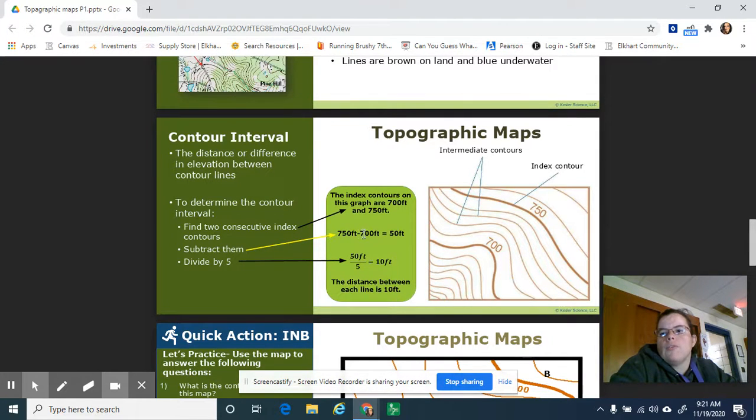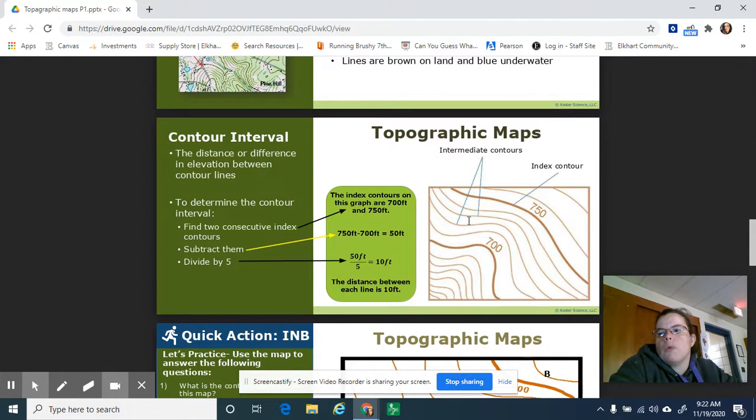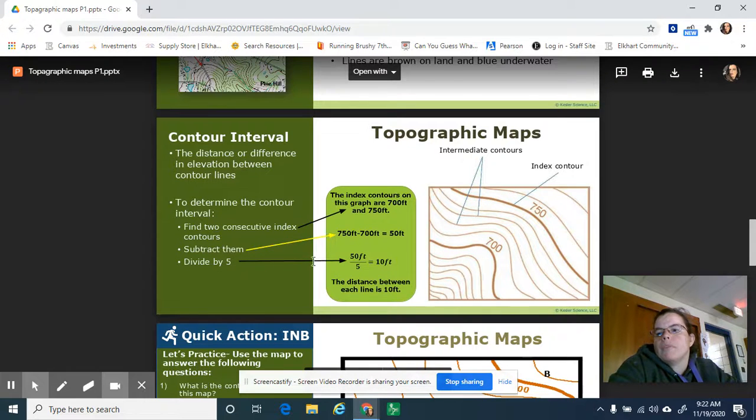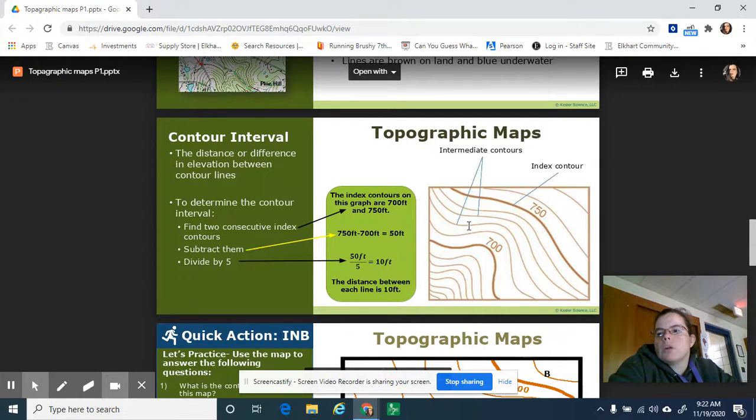You're going to say 750 minus 700, and you get 50 feet. Then you count how many lines you have between them. 1, 2, 3, 4, 5. You'll take 50 feet divided by 5, and then you get 10 foot. Each of these marks equals 10 foot.